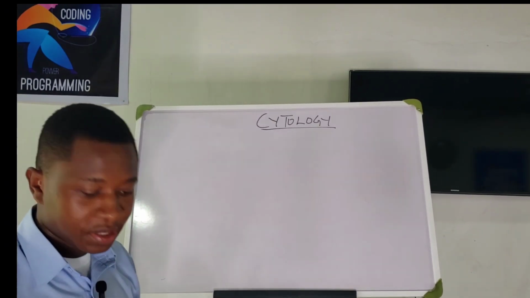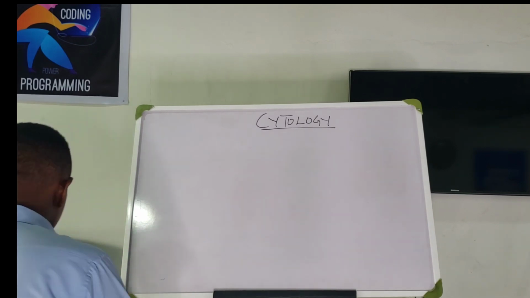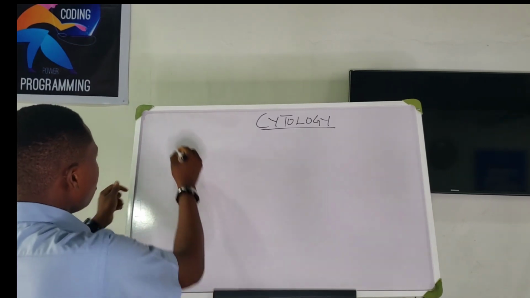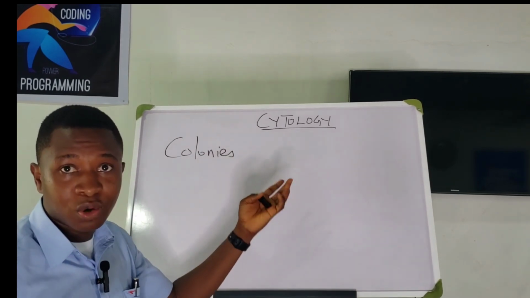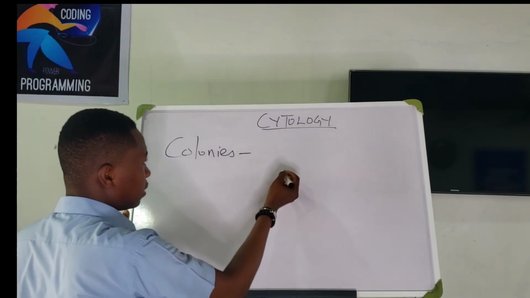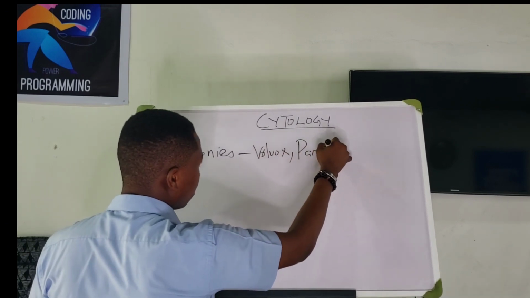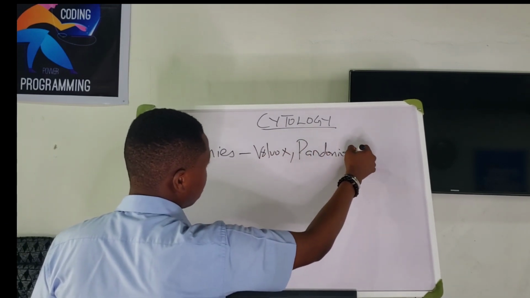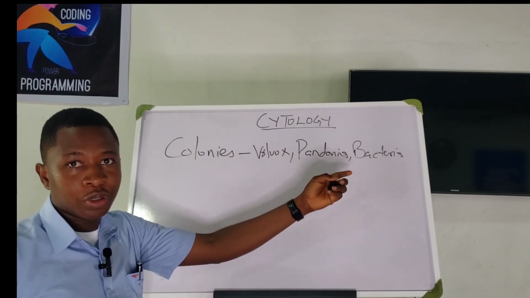Basically, a cell can exist in three forms. The first form in which a cell can exist is as a colony. Cells can exist as colonies. An example of that is the volvox, the pandorina, and bacteria cells; they exist in colonies as well.